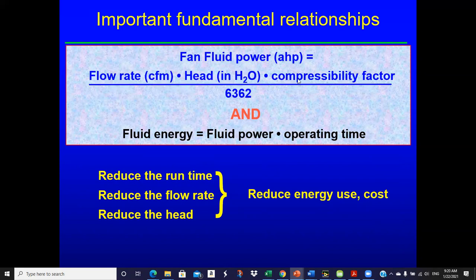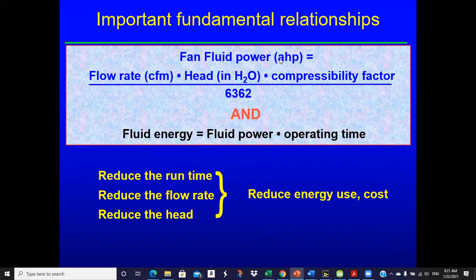And if the pressure is high enough, you've got a compressibility factor. Usually this is 0.98, 0.99. So most of the time it's not a big deal in typical fan situations, but if the pressure is high enough, it can be. And then these are some constants that convert all this into horsepower.